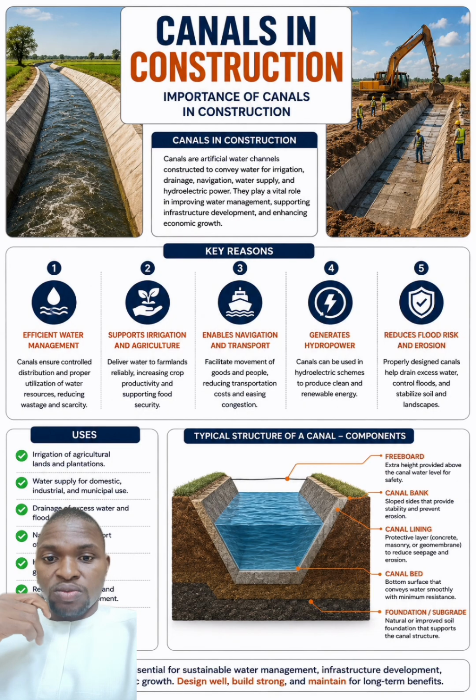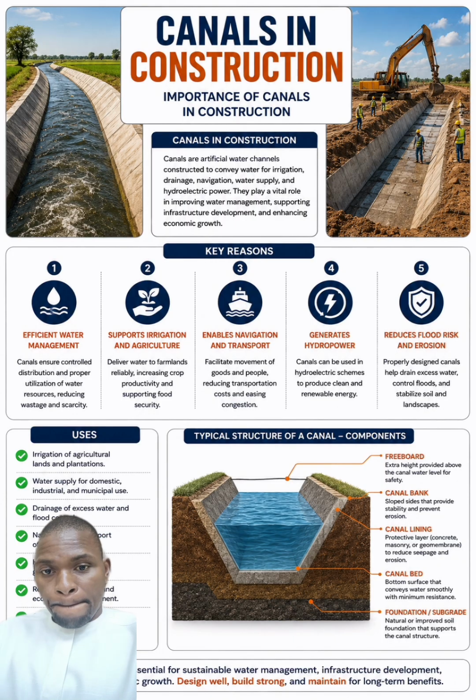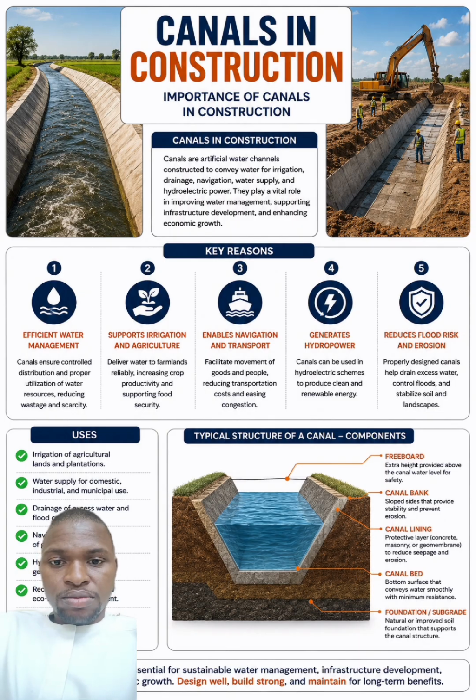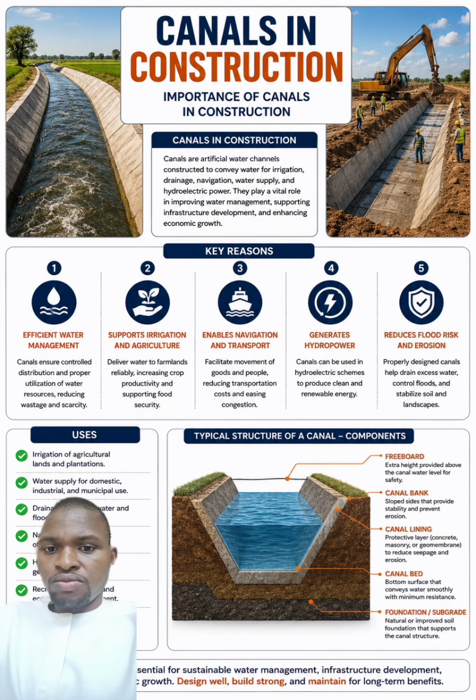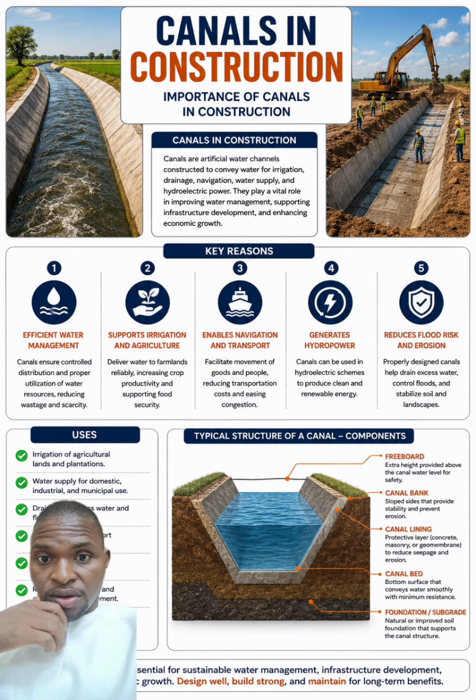So the definition we have here states that canals are artificial water channels constructed to convey water for irrigation, drainage, navigation, water supply, and hydroelectric power. So these are areas where canals can be used.